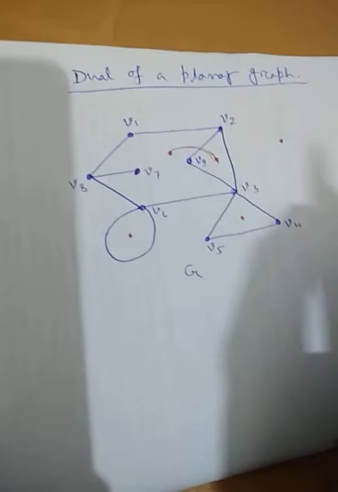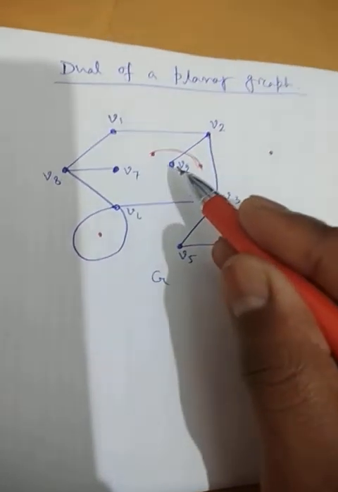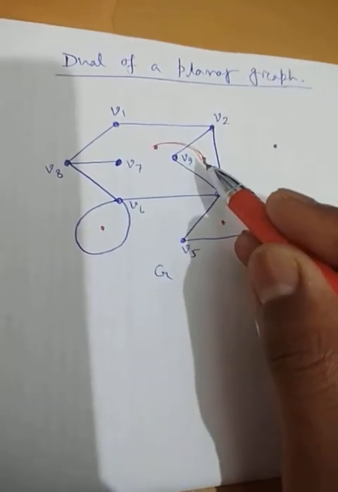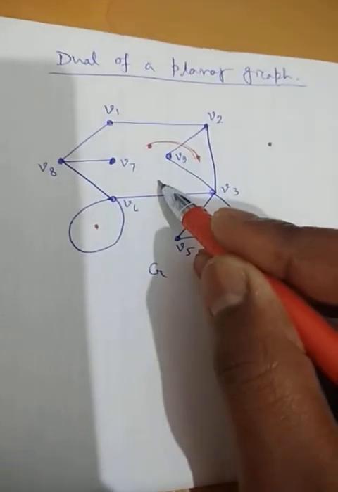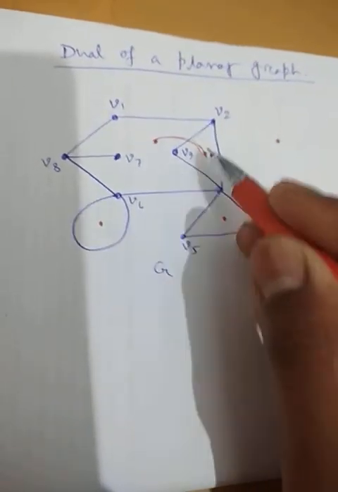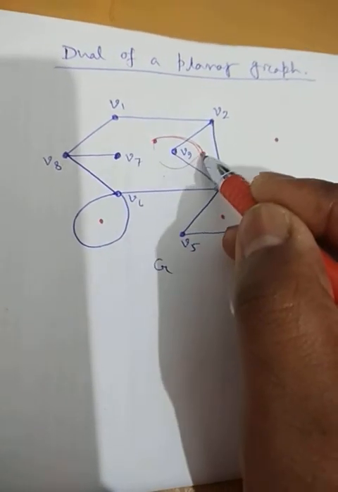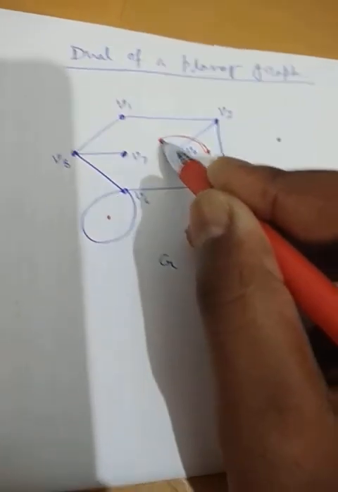Okay. Now we are taking this edge. This edge is also common in these two faces, this and this. So we have to join the vertices of these two faces. Okay.